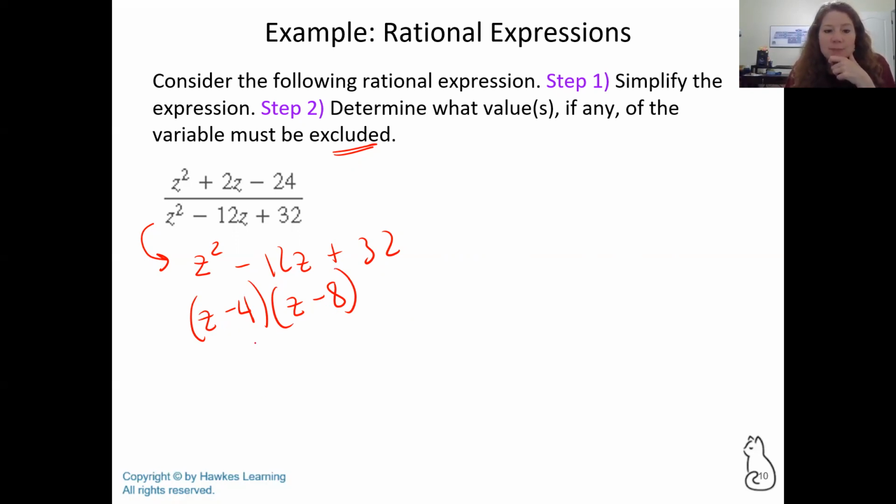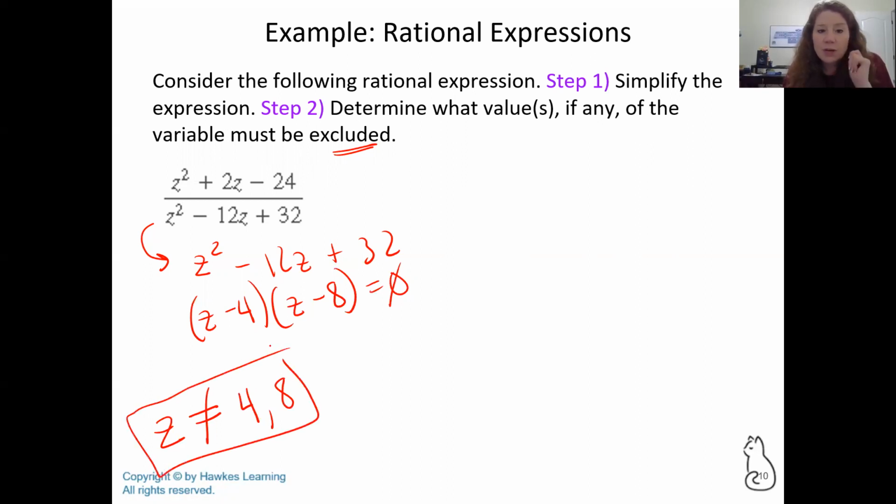So first of all, we set both of these equal to 0. And then when we add 4 and add 8, we would see that our restrictions are x is not allowed to be equal to either 4 or +8. Those are our restrictions.